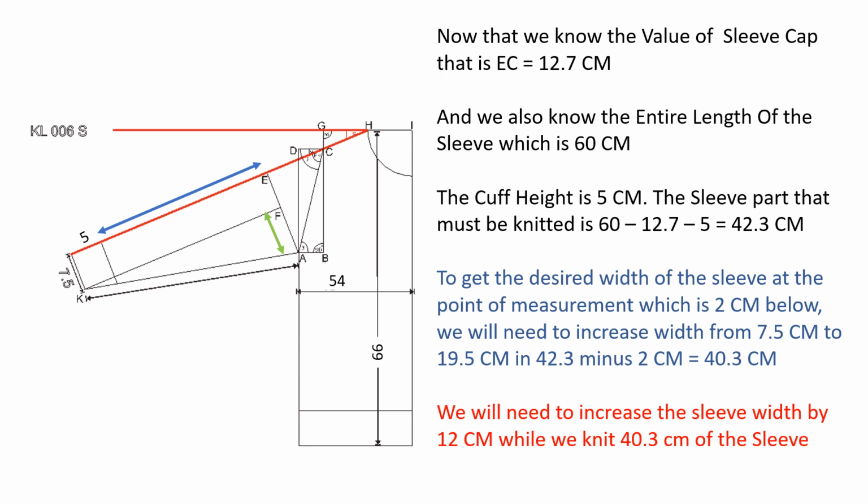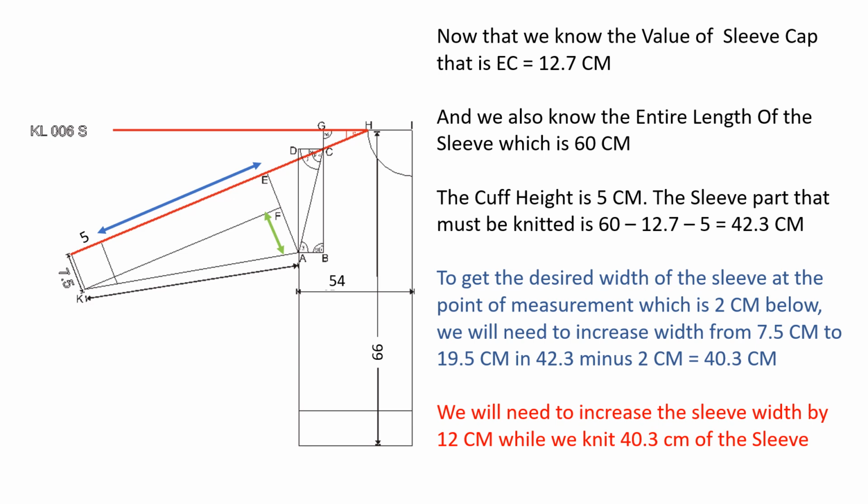If we subtract the cuff height, that is 5, and the sleeve cap, that we calculated to be 12.7, from the total value of 60 centimeters, the balance equals 42.3. This tells us that to get to the point from where we have to start the narrowing process, we need to knit 42.3 centimeters of sleeve, after knitting 5 centimeters of cuff rib.